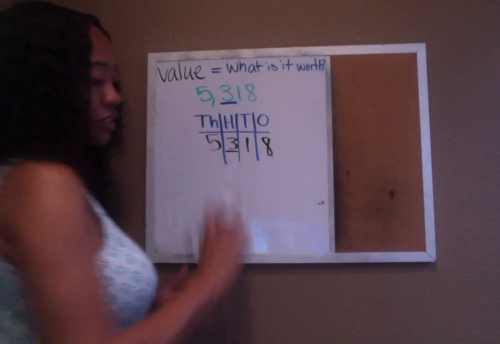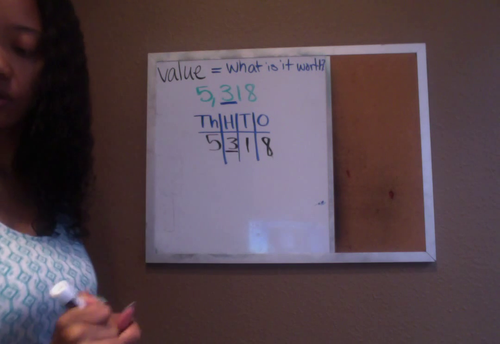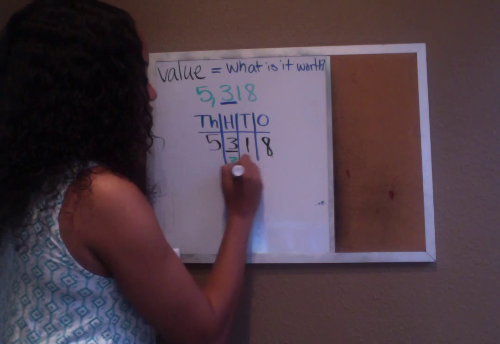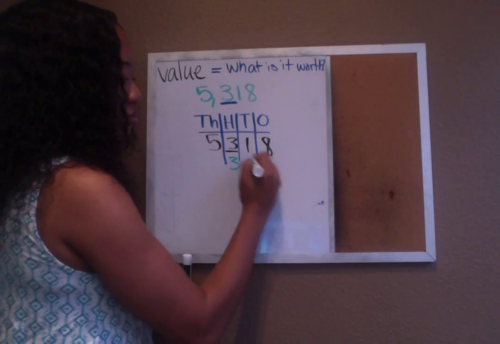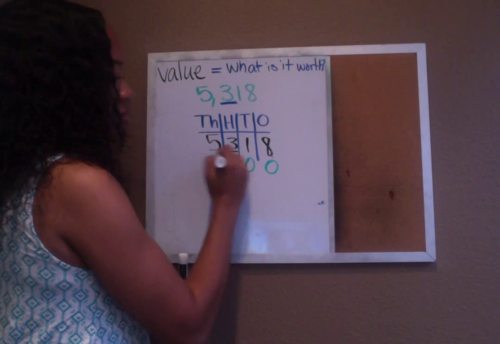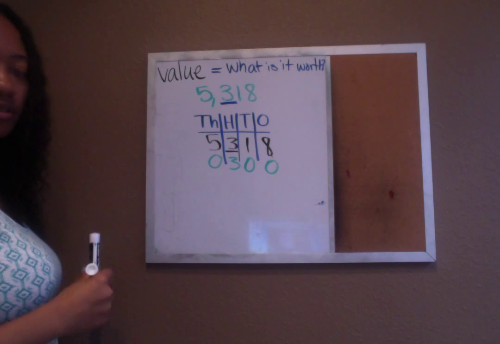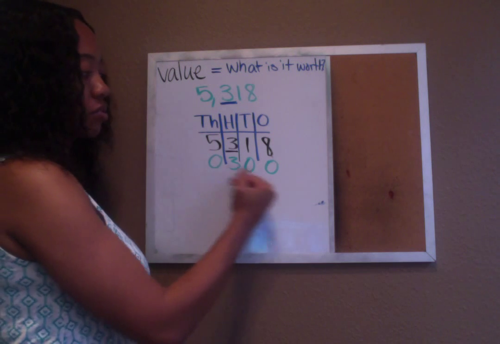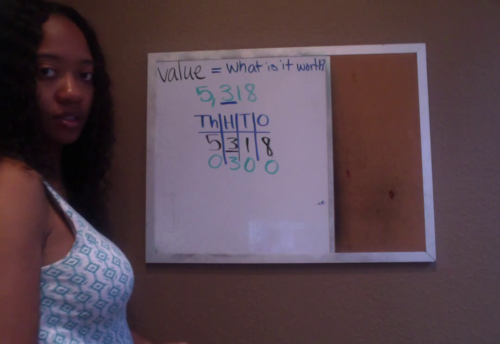What I'm then going to do, let's switch colors, is I'm going to turn everything else besides that underlined number into zeros. Everything else becomes a 0. And it kind of makes it a little bit clearer already as to what the value of that 3 is.